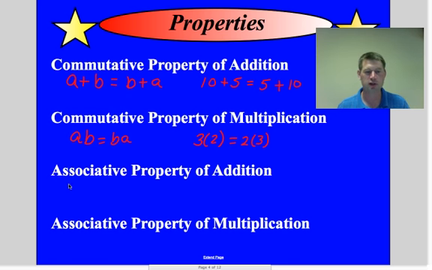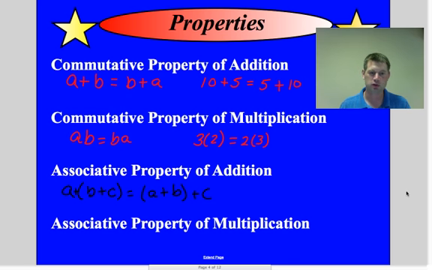So the letters we're going to use here is, we're going to take A, and we're going to add, so we're in addition, A plus B plus C. Okay, and that's equivalent to, now we're going to take A plus B and then add in C. So notice that the order is the same here. The thing that changed is what we grouped. Okay, associative property is grouping.